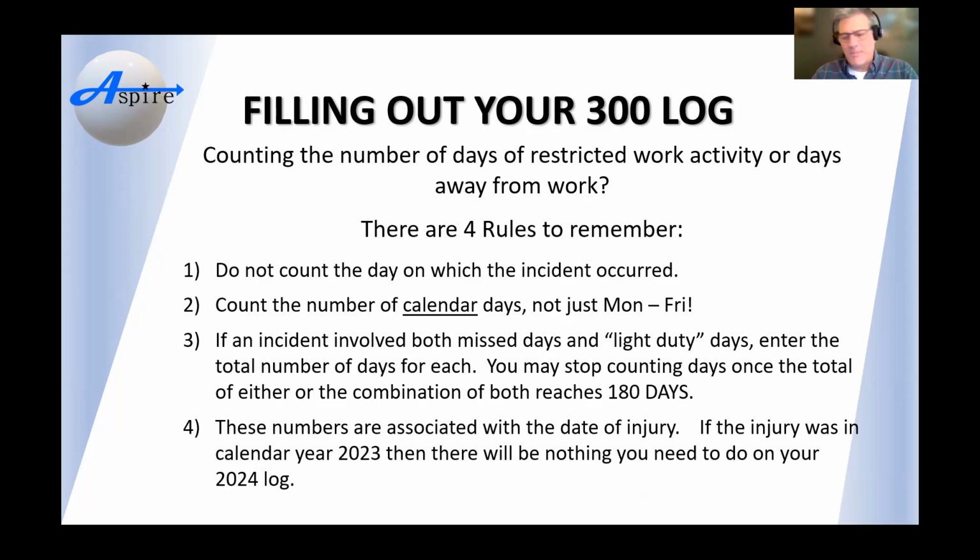Just enter it. At some point, you can go back and correct it. Don't worry about submitting any new information to OSHA as far as the number of days missed or the number of light duty days through the injury tracking application. It's just in that moment in time when you're submitting your summary or going through the electronic submission through OSHA, where are you at right now? How many days have been missed? How many days of light duty have been worked? Enter it. Don't worry about it.